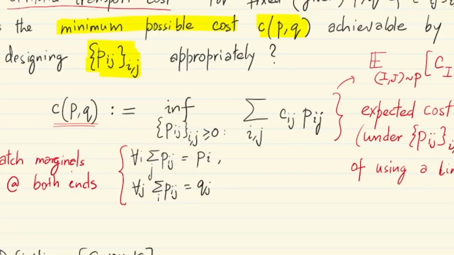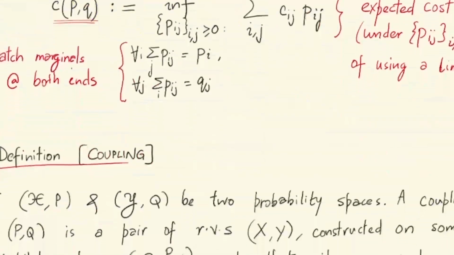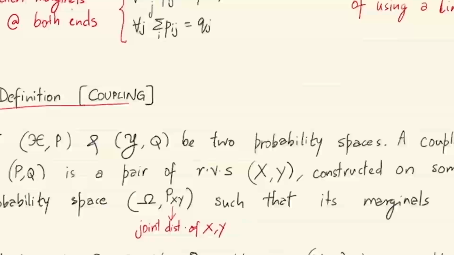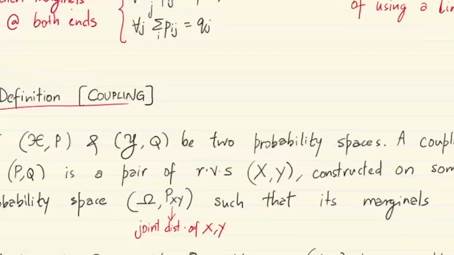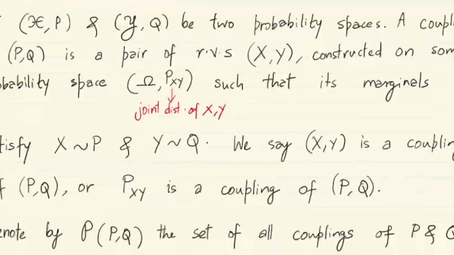Right. So how does one go about solving such optimal transportation cost problems? One solution is given by the principle of coupling from probability theory. So what is coupling here? Let's review this definition.